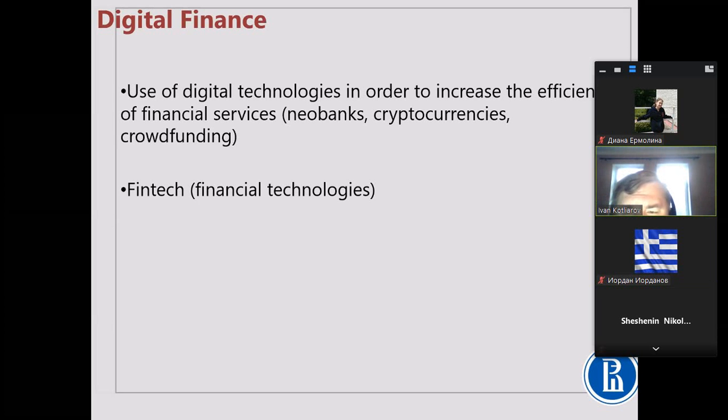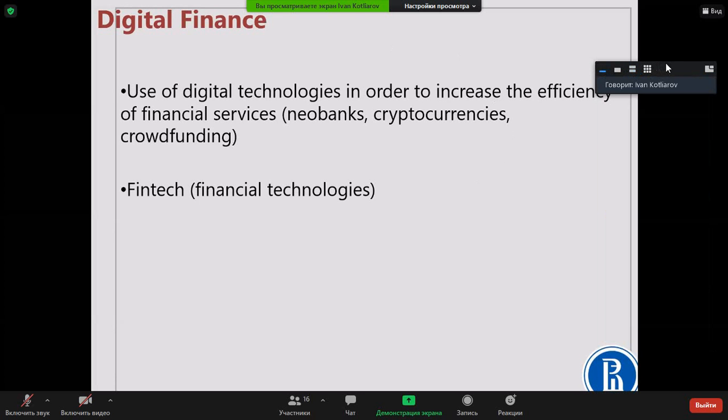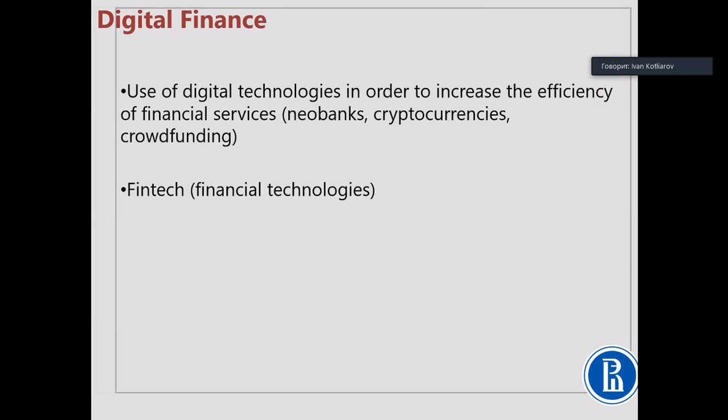A neobank is a bank which provides its services via internet only. This bank has no physical outlets. It has no physical representation in the real world, so to say. It exists just in the virtual space. All services are provided via this bank's website or via its app.